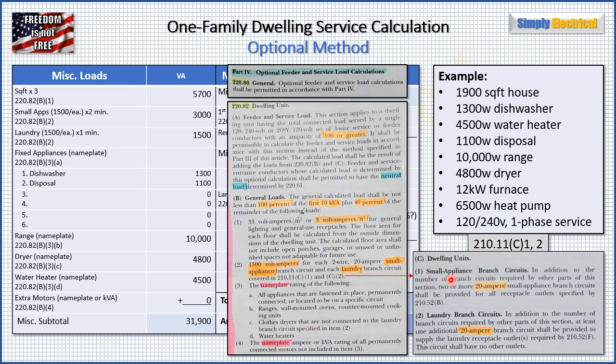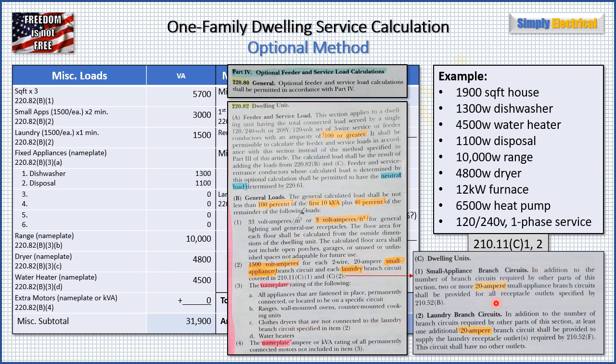Dwelling units, small appliance branch circuits. In addition to the number of branch circuits required by other parts of this section, 2 or more 20 amp small appliance branch circuits shall be provided for all receptacle outlets specified by 210.52(B). 210.52(B) just tells you that it's basically kitchen receptacles and any room directly related to a kitchen, like a dining room, a pantry, a breakfast room, stuff like that.